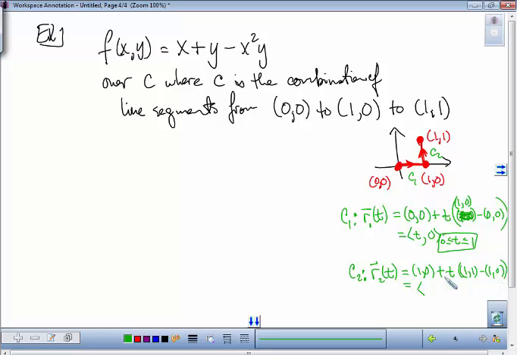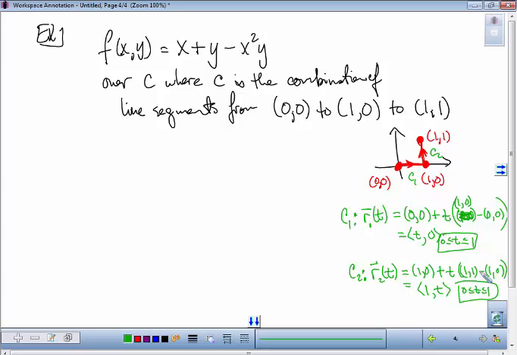It's 1 plus t times 0, that's 0, right? So it's just 1 plus t times 0, and 0 plus t times 1. And again, it's going to go from 0 to 1. Okay?